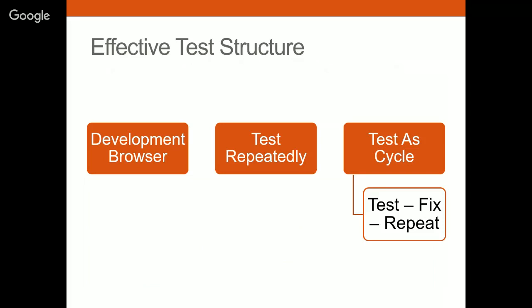We will go into more details about the test cycle later, but for now, you can best test if you follow a test, fix, repeat cycle. That means for every browser you will test the page or the feature, fix any problems you encounter, and repeat the test.